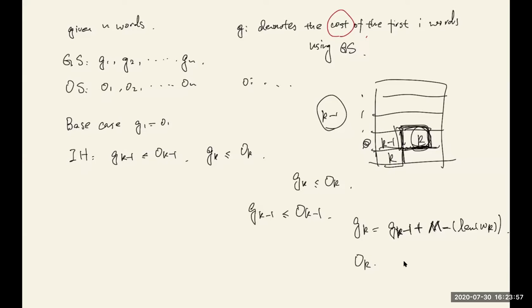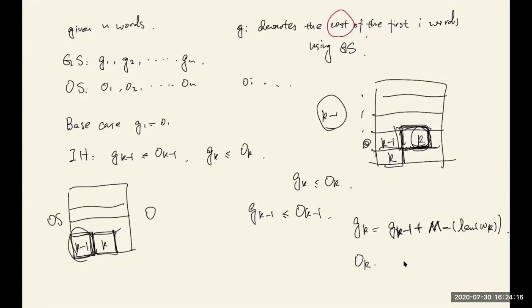It could be that the K-th word using OS can be fitted in the same line as the K-1 words. Then O of K will be less than OK-1, while G of K is greater than GK-1.